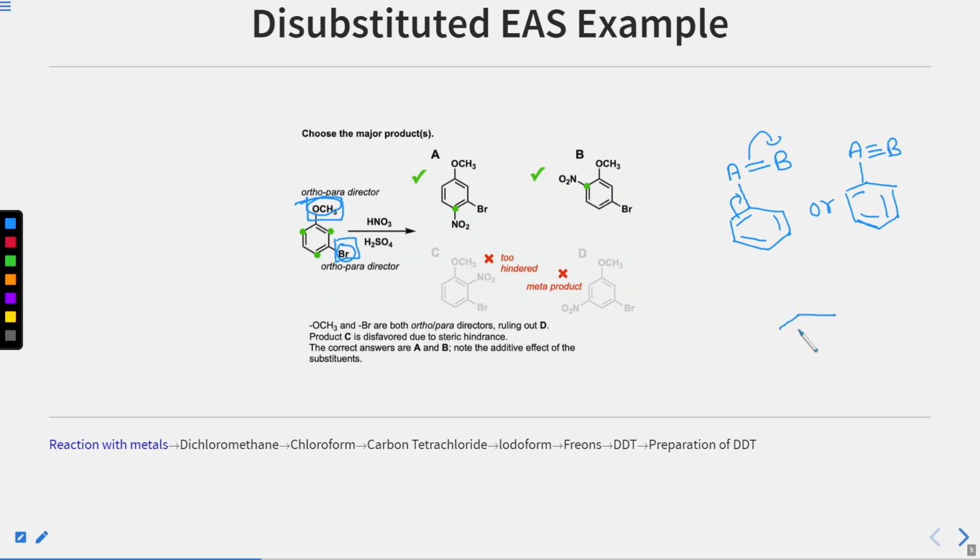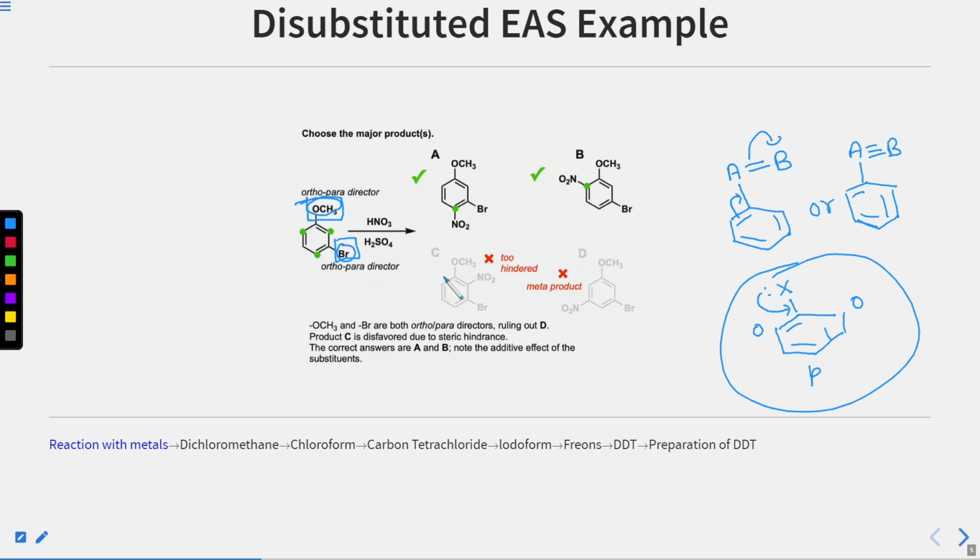But if a lone pair is present, for example this one, it will donate this lone pair and it will become ortho-para directing. So both of these groups are the same as this, that they both are ortho-para directing.